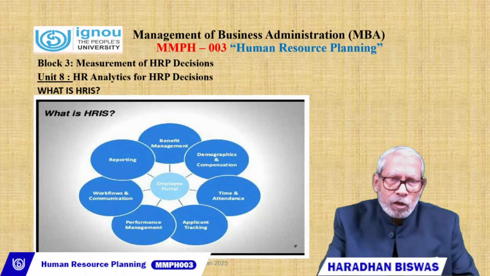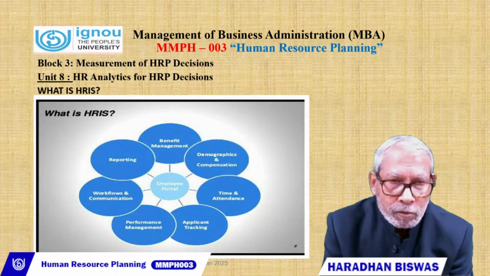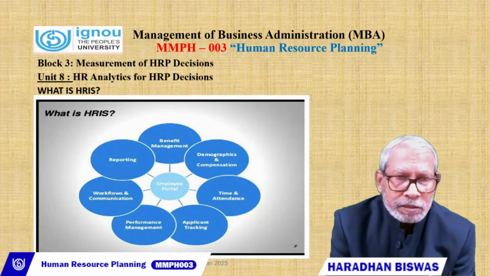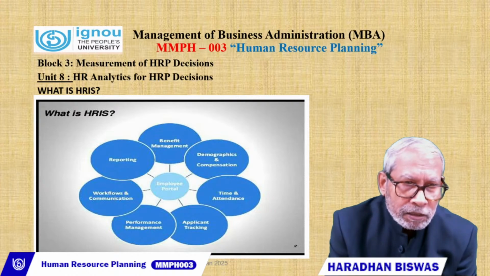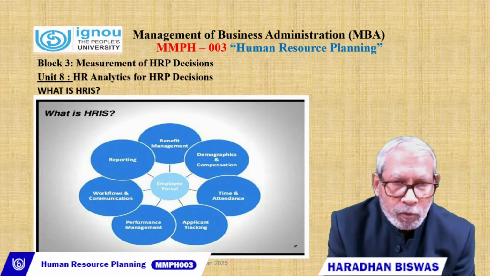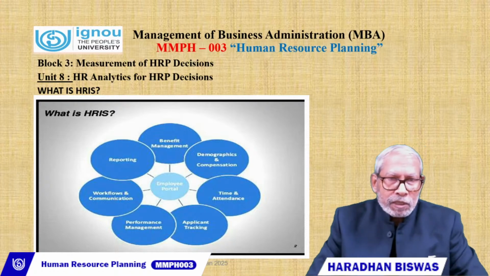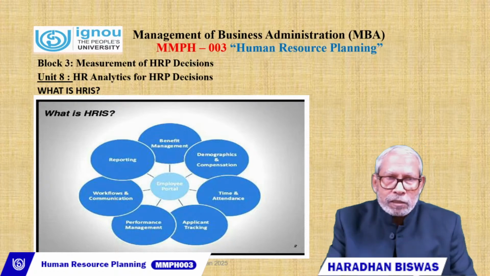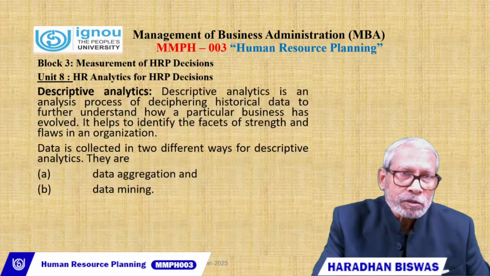It encompasses benefits management, demographics, compensation, time and attendance, then workflows and communications, performance management, reporting systems, application tracking. These all are encompassed by the employee portal. All together, we can say this is the human resource information system.